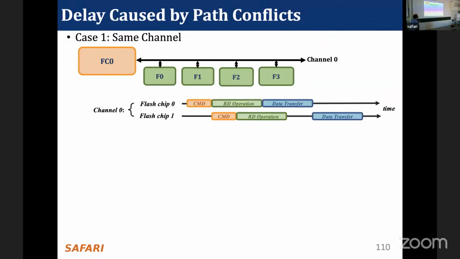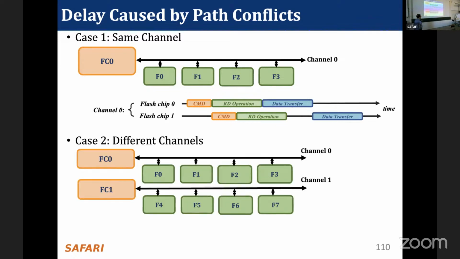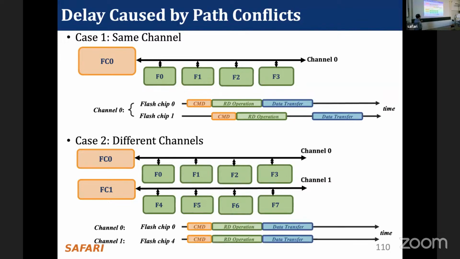When you have a path conflict, you need to serve the requests serially, and that's the problem. But when you have different channels, ideally you can serve read requests completely in parallel and save a lot of time. Clear, right?